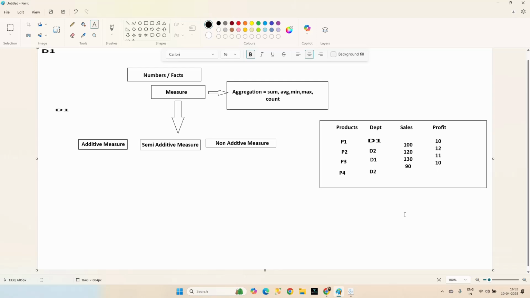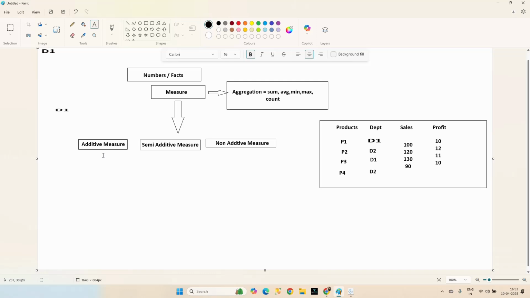Now, we already talked about how measures are nothing but numbers. We can apply aggregation on the measures. What are the aggregations? Sum, average, min, max, and count, right? We already talked about three types of measures: additive, semi-additive, and non-additive. What is additive measure?